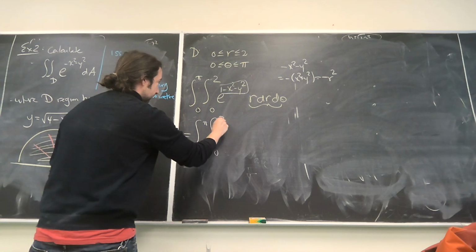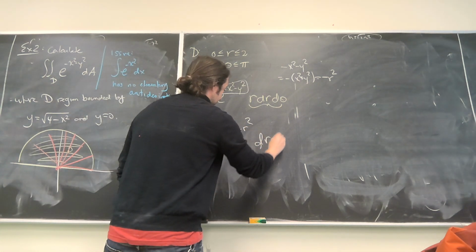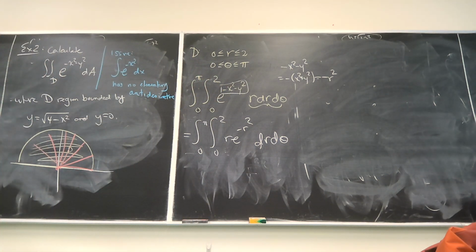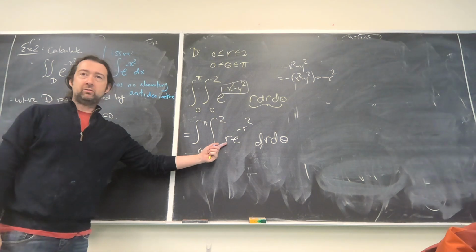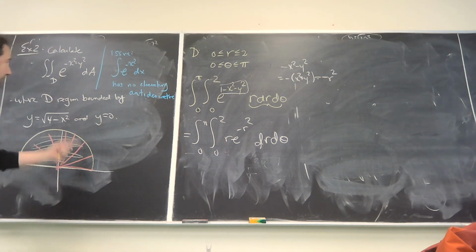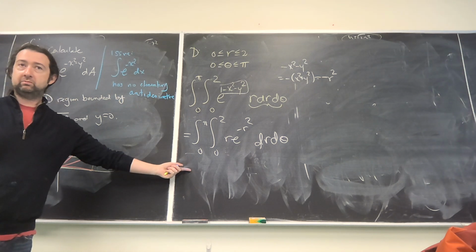Integral from 0 to 2, r e to the minus r squared dr d theta. I've taken a problem that couldn't be done because that function has no antiderivative, and I made a u substitution show up. So it went from an impossible problem into a basic problem.